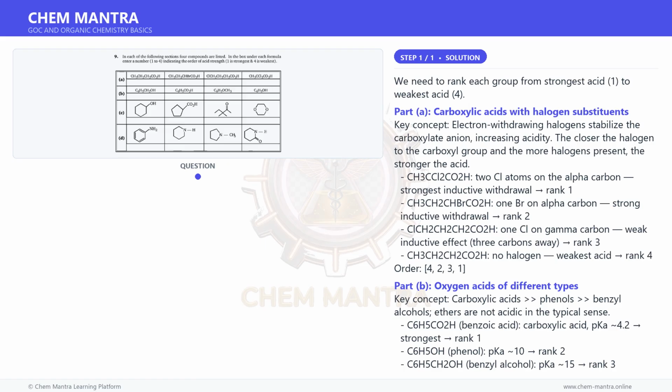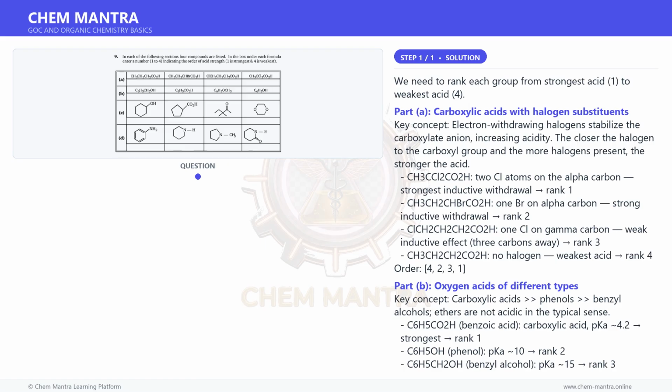Among amines, electron-donating groups increase basicity, decrease acidity, while resonance withdrawal decreases basicity, increases NH acidity. Aniline's lone pair is delocalized into the ring, making it least basic among amines, most acidic NH among the amine group.